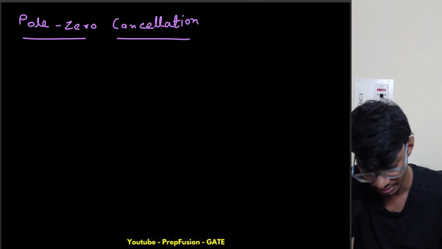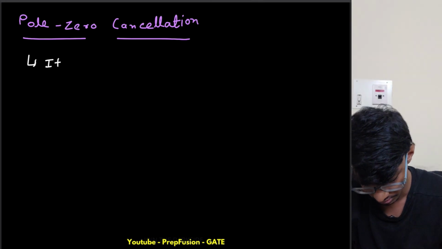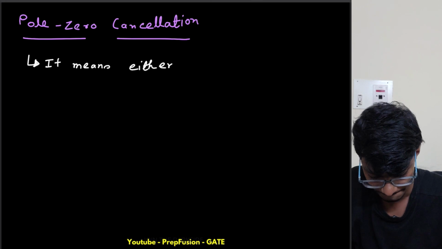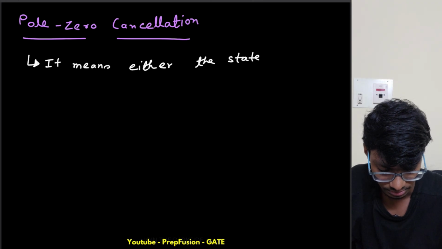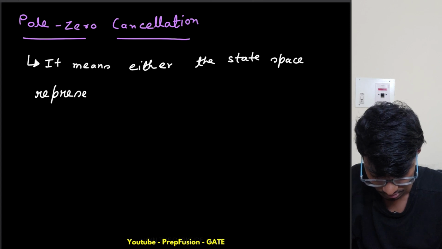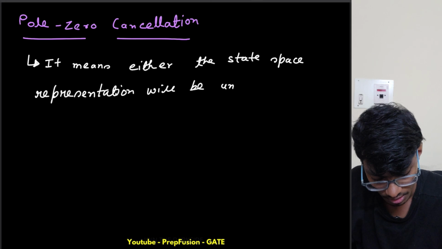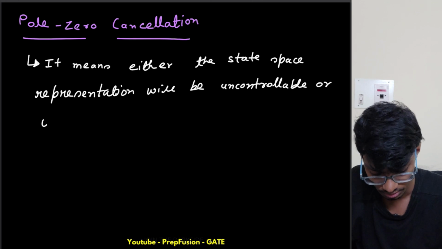So if there is some pole zero cancellation, it means either the state space representation will be uncontrollable or unobservable.